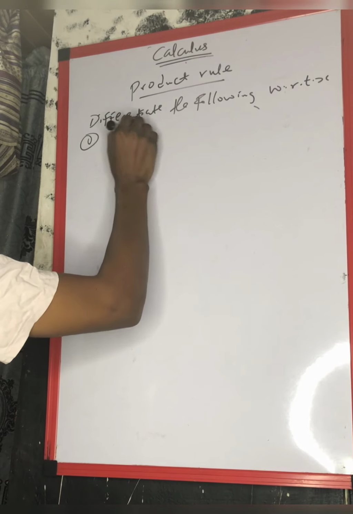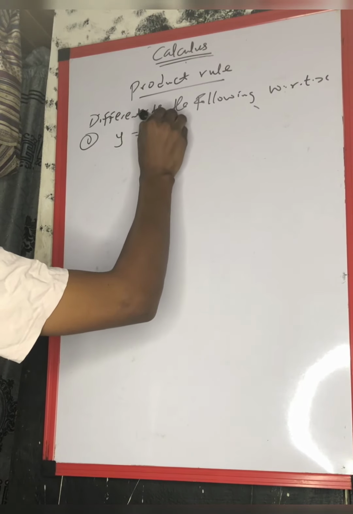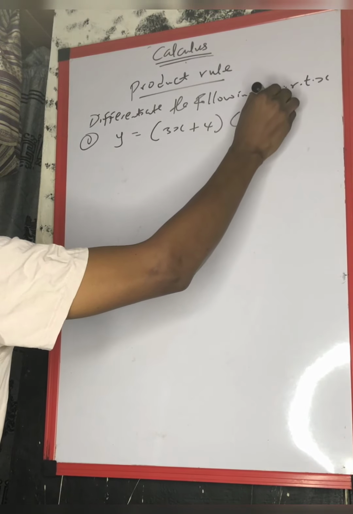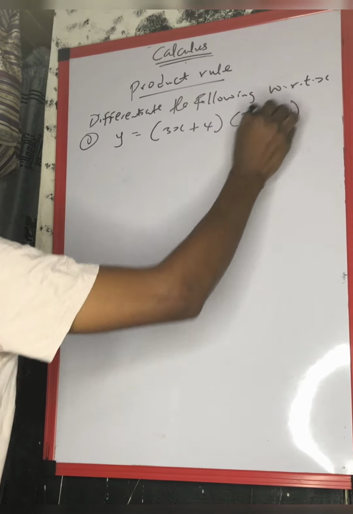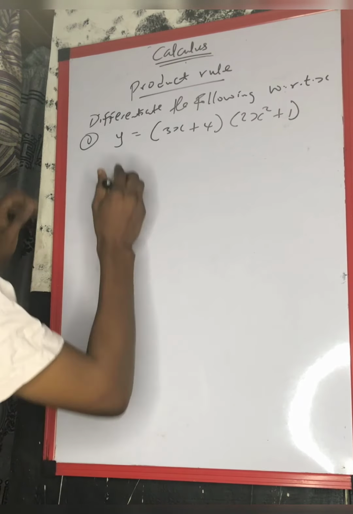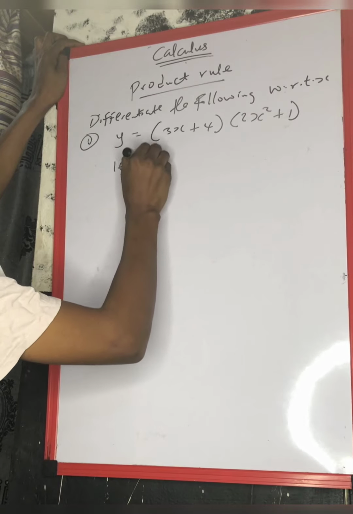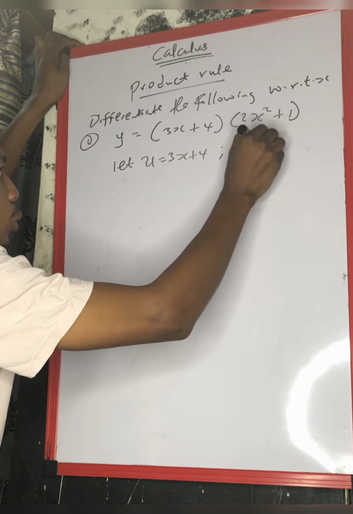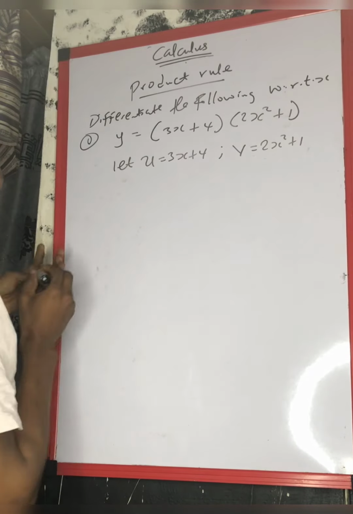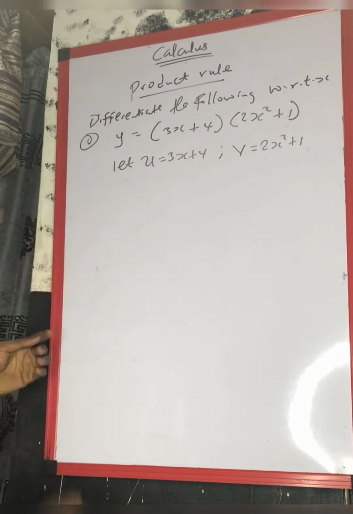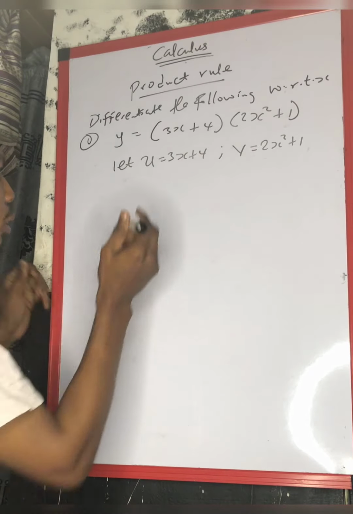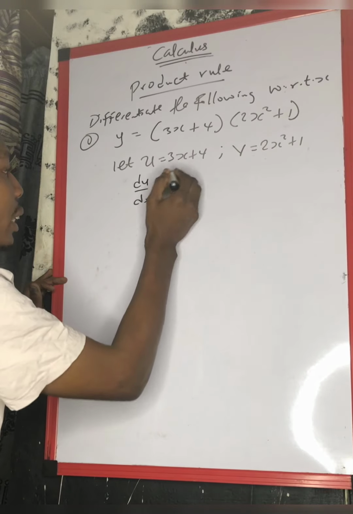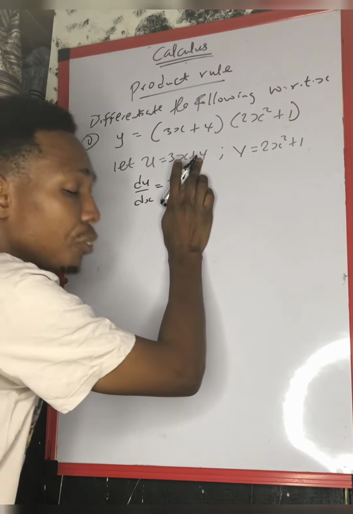If we have y equals 3s plus 4 times 2s squared plus 1, we can say let u equal 3s plus 4 and let v equal 2s squared plus 1. So du/dx: when I differentiate 3s, it is 3; if you differentiate 4, it is 0.